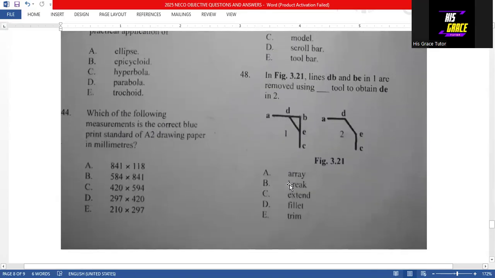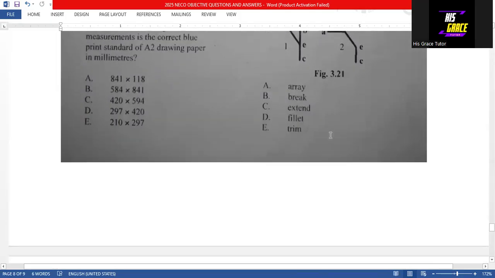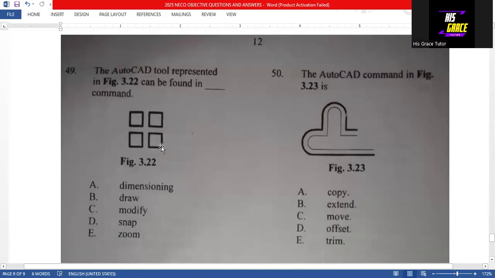Then question 48. In figure 3.21, lines DB and BC in figure 1 are removed using dash 2 to obtain DE in figure 2. So we use trim to obtain this part. That is option E. Question 49.